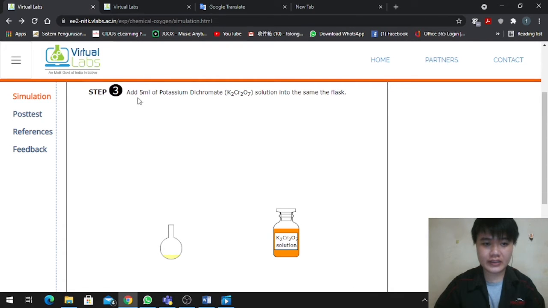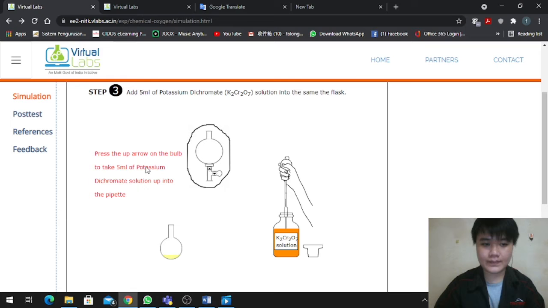Step 3. Add 5 ml of potassium dichromate solution into the same flask. Press out the arrow on the bulb to take 5 ml of potassium dichromate solution up into the pipette.